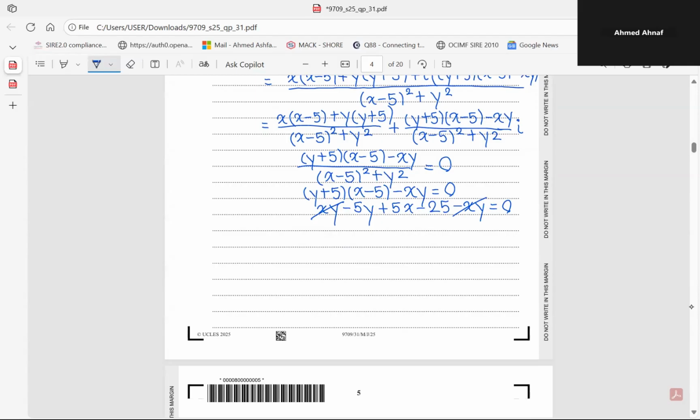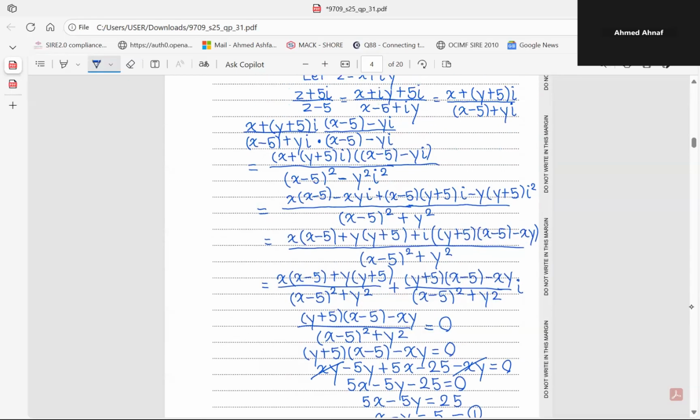Rearranging this, we have 5x minus 5y minus 25 equals 0. We add 25 to both sides, and we have 5x minus 5y equals 25. Dividing by 5 on both sides, we have our final equation, which is x minus y equals 5. So this would be our first equation.